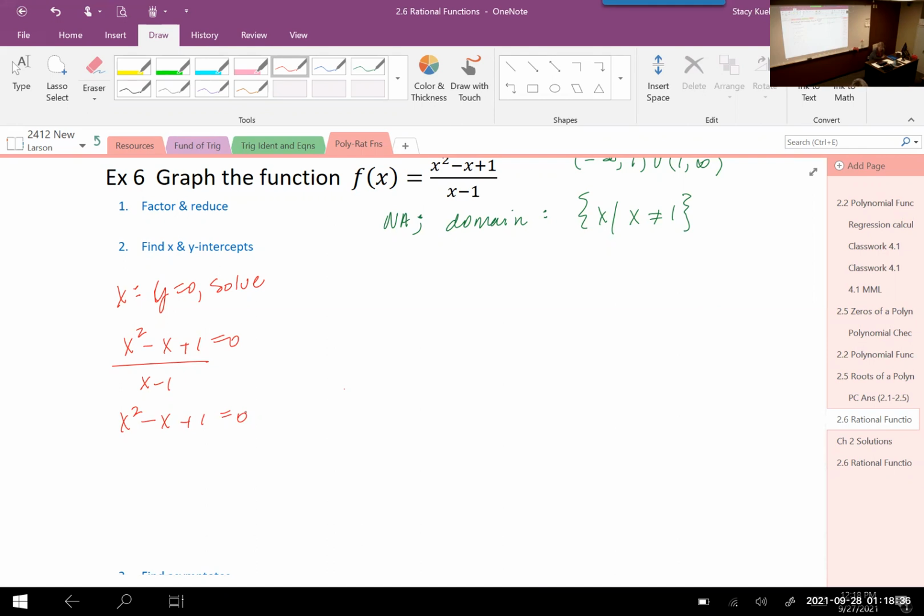We already said the numerator doesn't factor, so how else do we solve a quadratic? Quadratic formula, that's right. We can use the quadratic formula because that works all the time. The quadratic formula says -b plus or minus the square root of b squared minus 4ac, all over 2a.